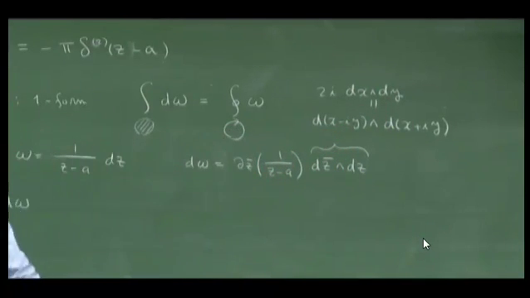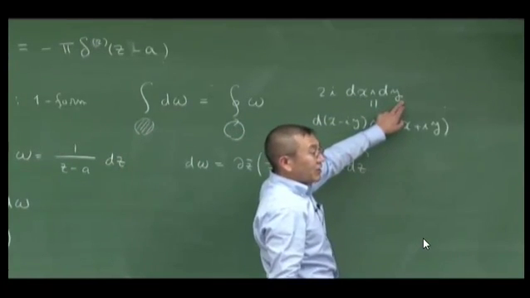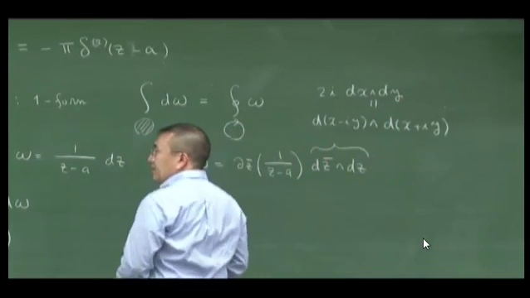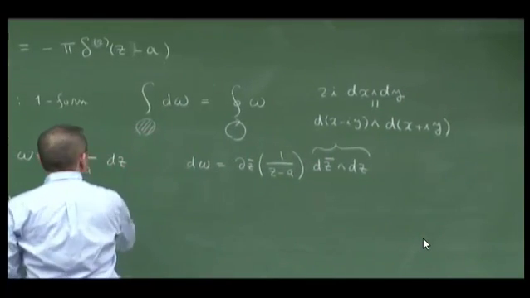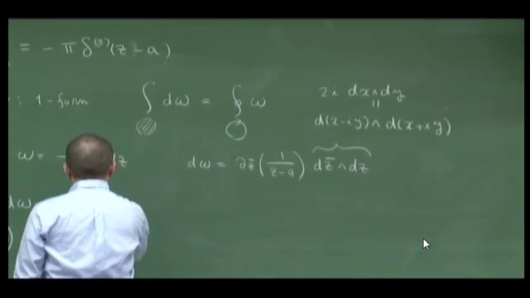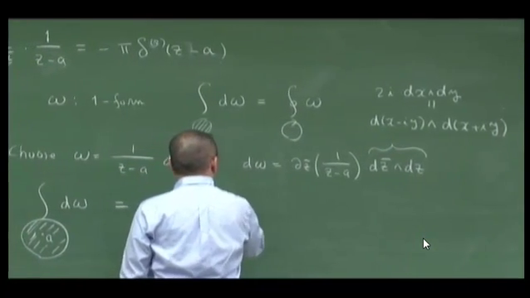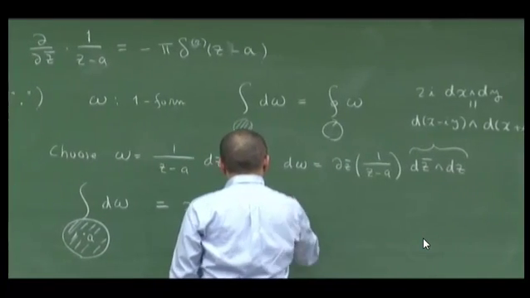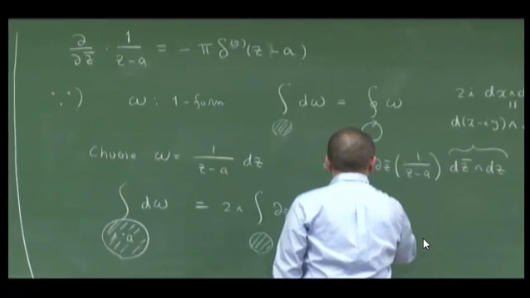Since we are setting omega equal 1, the volume form in 2 dimensions is dx wedge dy. So we see that this is equal to 2i times the integration of del z bar of 1 over z minus a over this domain of dx wedge dy.